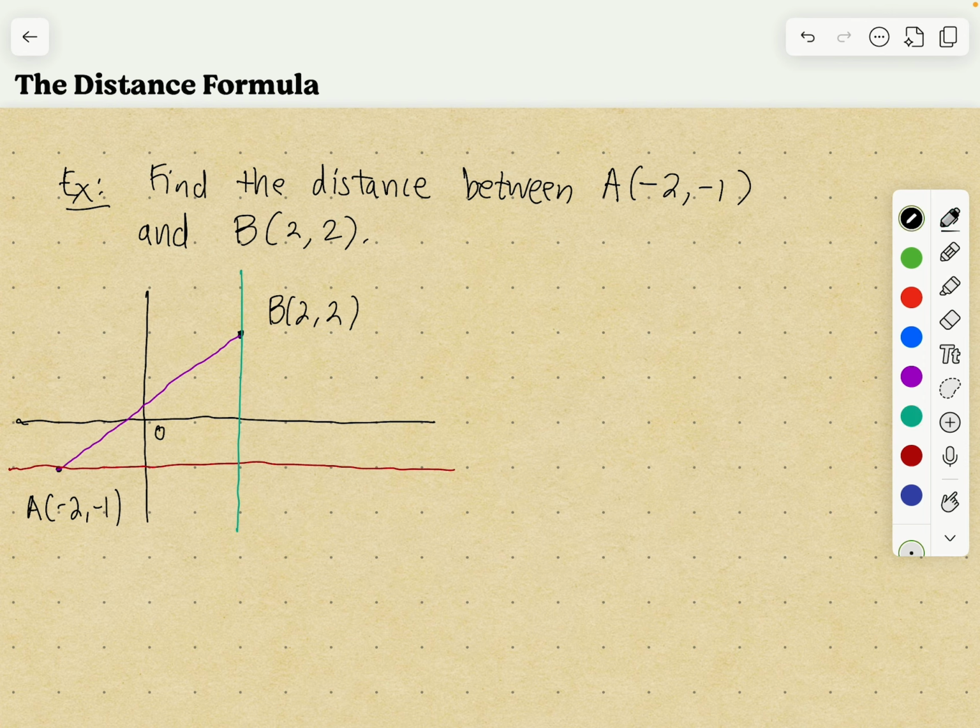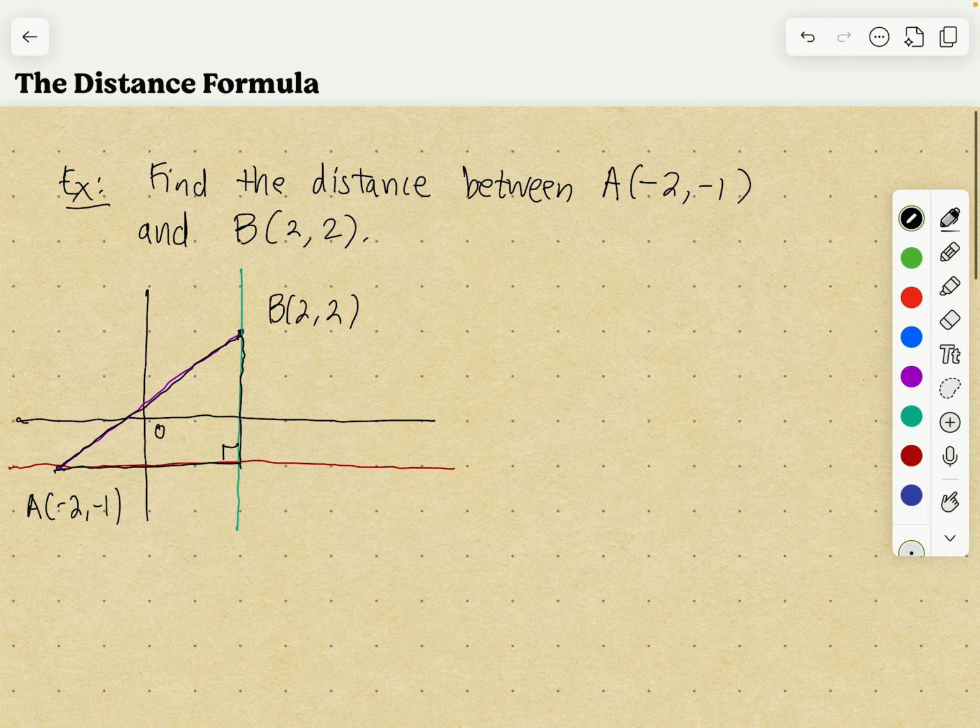I drew a triangle. And this isn't just any triangle, because what's the angle here? It's a right angle, right? A horizontal and vertical line make a 90-degree angle. So this is actually a right triangle.